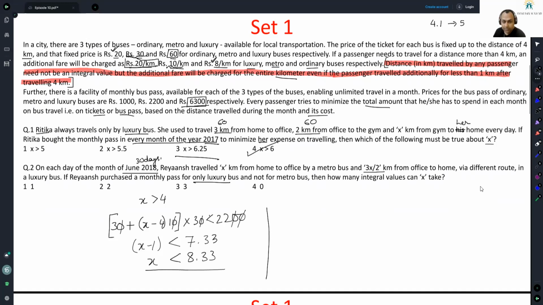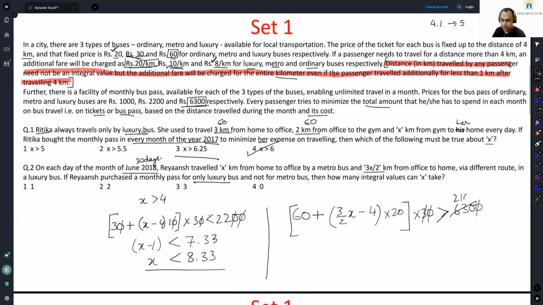For the luxury bus journey, his charges would be 60 plus 3 by 2x minus 4 into 20, whole thing into 30. And now this has to be greater than 6,300. Let me get rid of this.